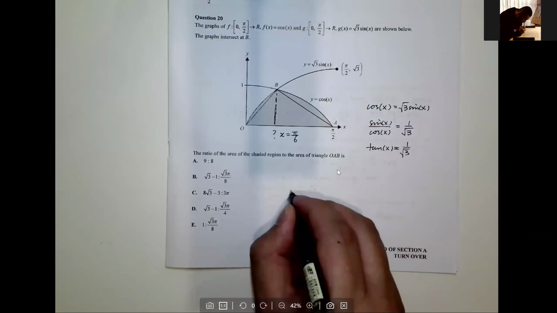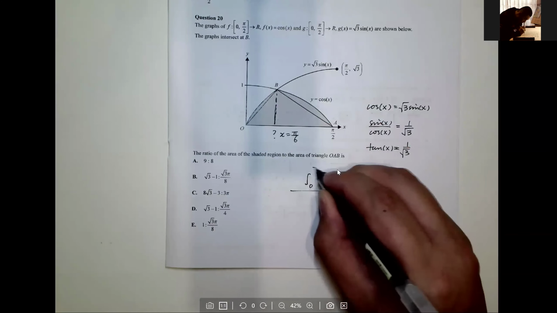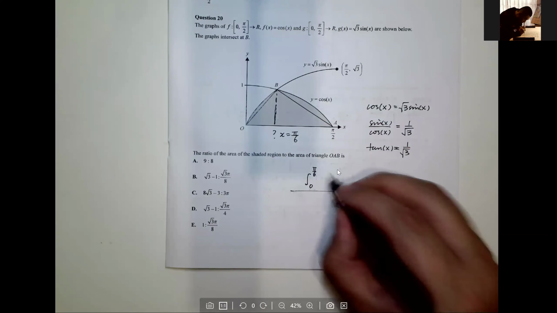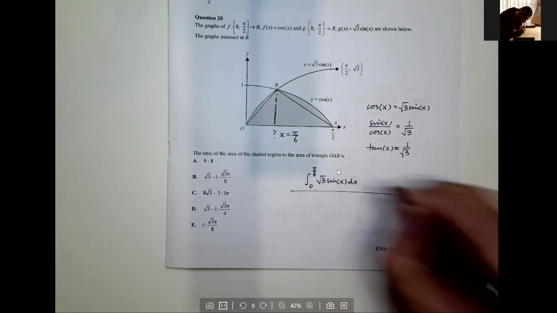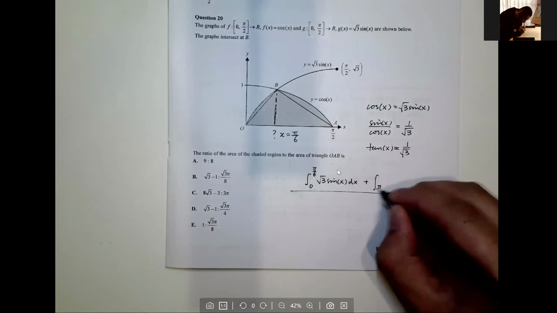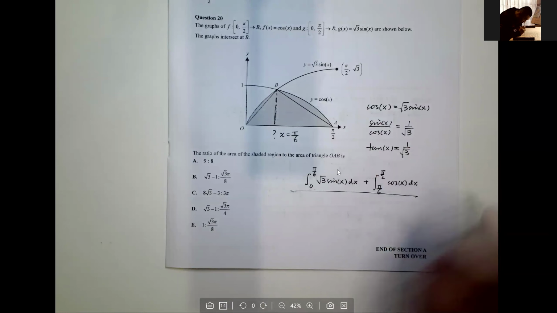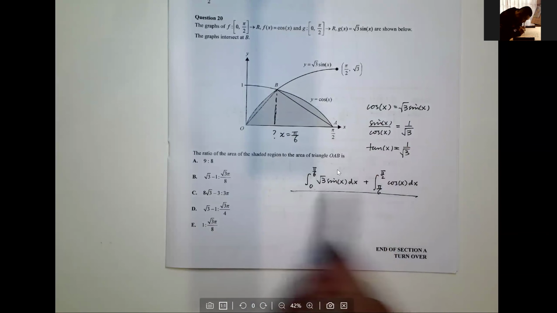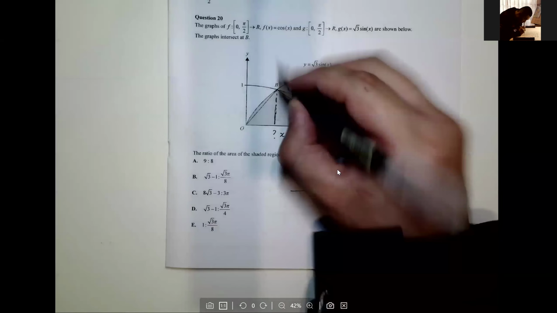Now, it's a ratio. The top part is the integral from 0 to pi on 6 of √3 sine x dx. The other part is under the graph cosine x, from pi on 6 to half pi, cosine x dx. So that is the actual shaded area divided by the area of the triangle.